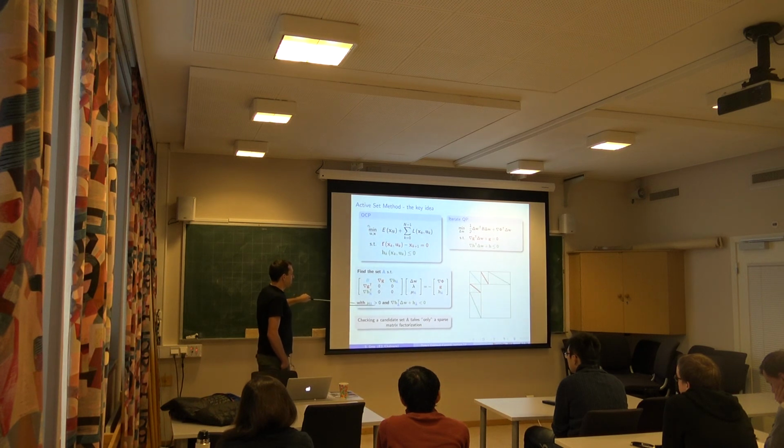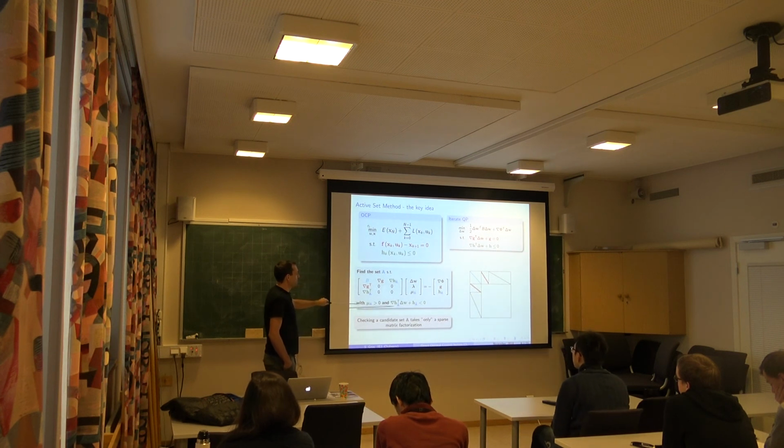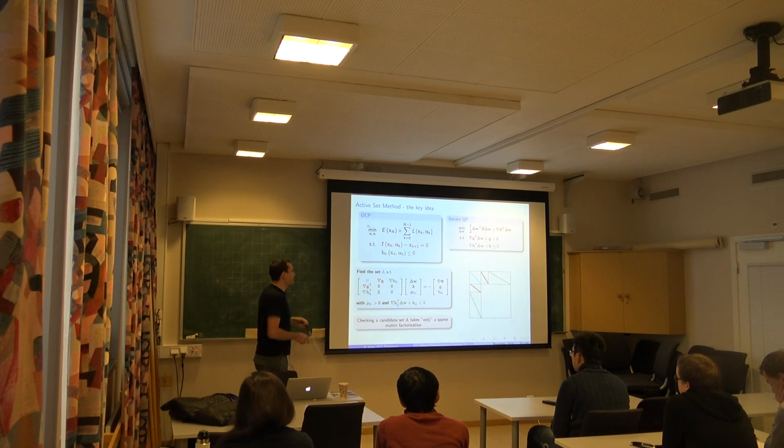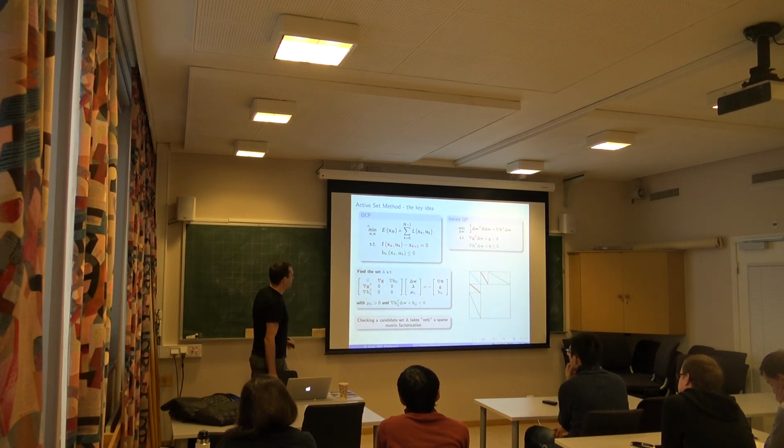If you find a mu A that has the wrong sign, or if you find some constraints that should be inactive but end up being active, then you know that A cannot be correct. Does that make sense? So you can guess A and check in one linear solve if this A is correct or not.